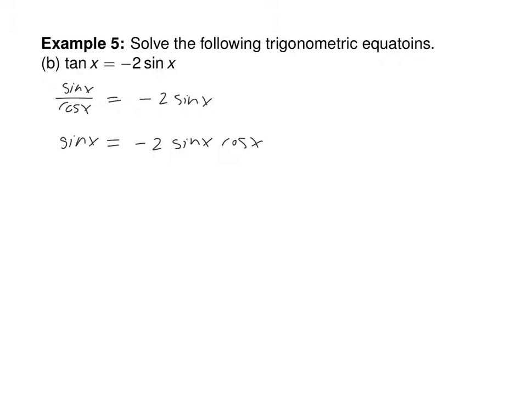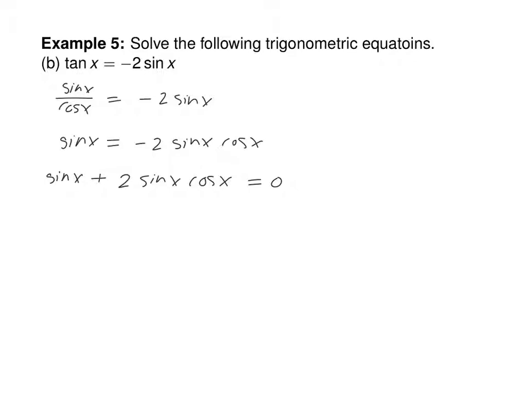I don't like negatives, so I'll move the negative stuff over: sine x plus 2 sine x cosine x equals 0. That's why you had the sections on simplifying expressions and finding equivalent expressions, to show you how you can mess with these things so you can solve equations with them.